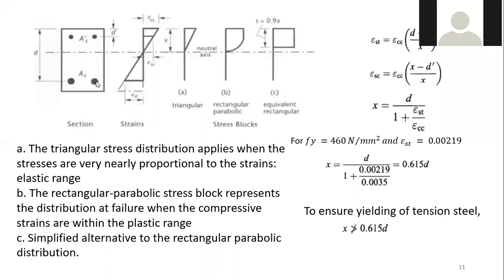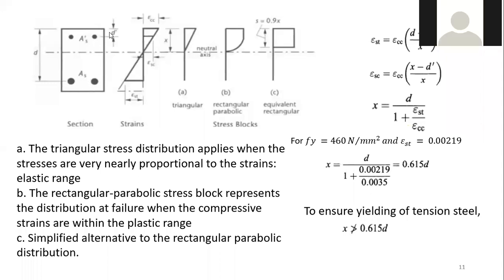If I know h, I subtract the cover to the reinforcement, and the half of the bar diameter, and in case there is a reinforcement that they use to bind these together, which we call links, I subtract the links as well. That gives me the effective depth for the steel put in tension.